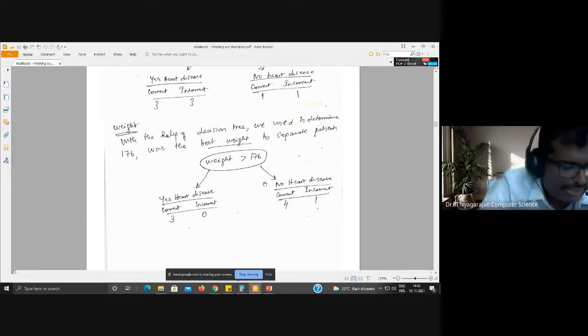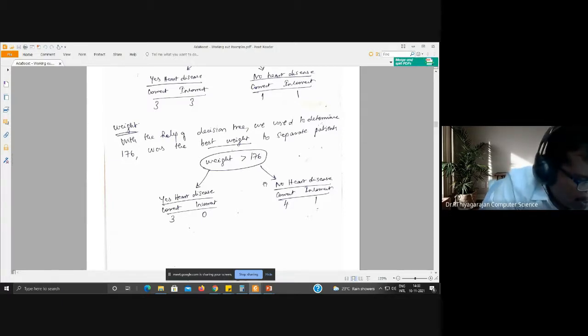Simply, I can say that in that column which has the continuous variable weight, whenever it is greater than 176 you put yes, whenever it is less than 176 you put no. Now we can easily find the answer.